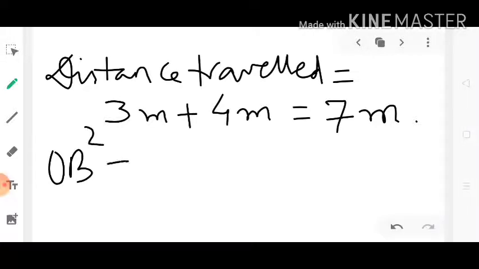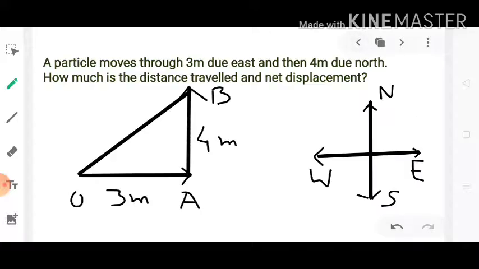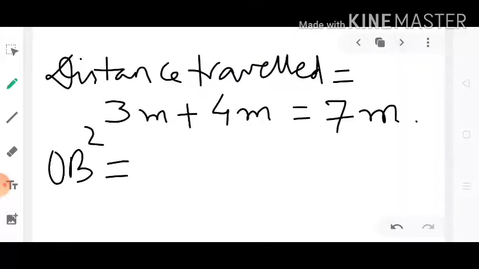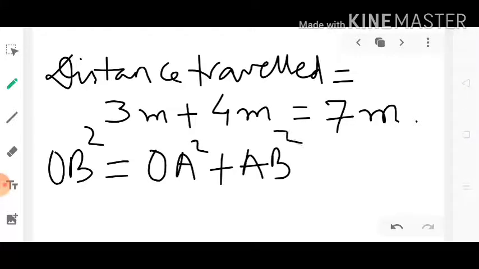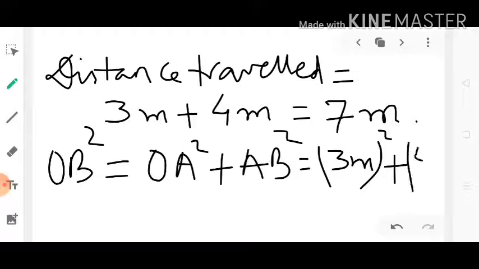So OB square will be equal to OA square plus AB square. Can you tell me which formula I have used? Obviously it is Pythagoras Theorem. Now let's substitute the values. So OA is 3 meter and AB is 4 meter. So 3 meter whole square plus 4 meter whole square.